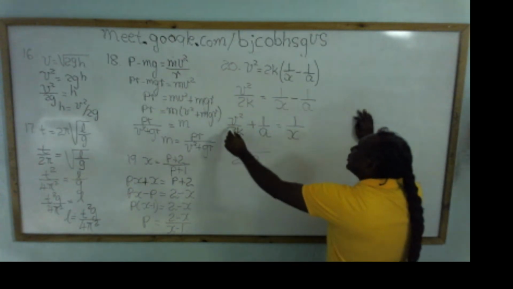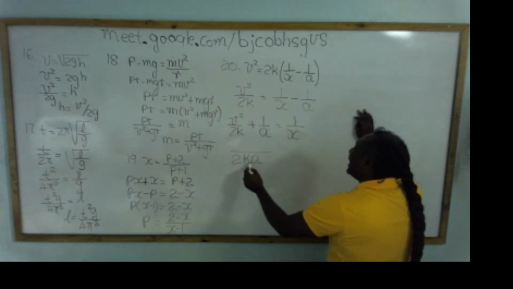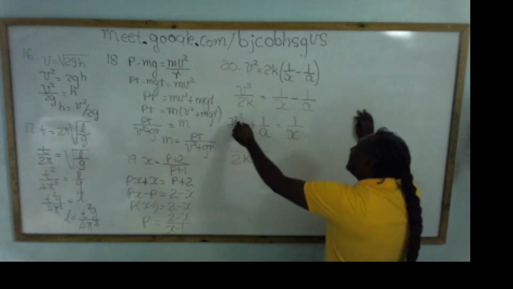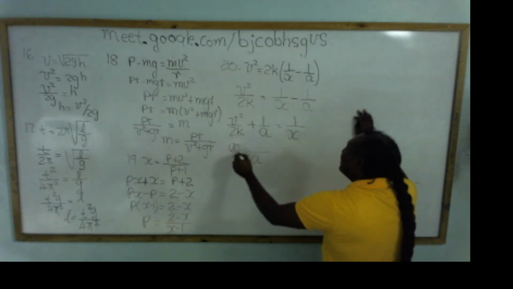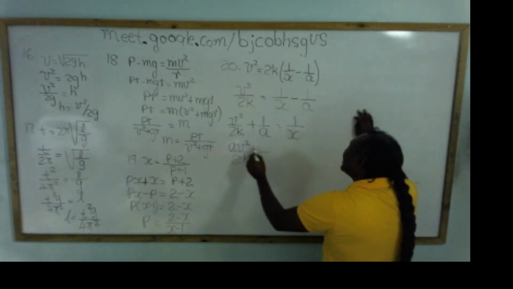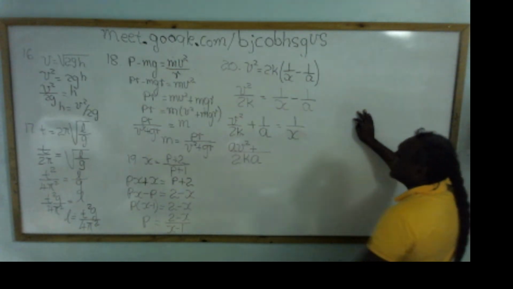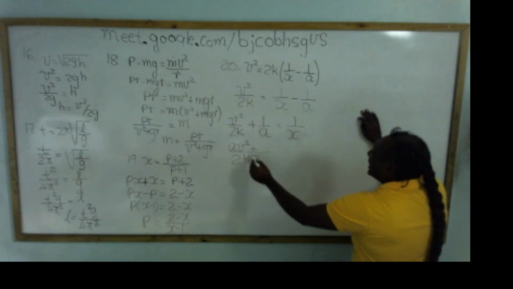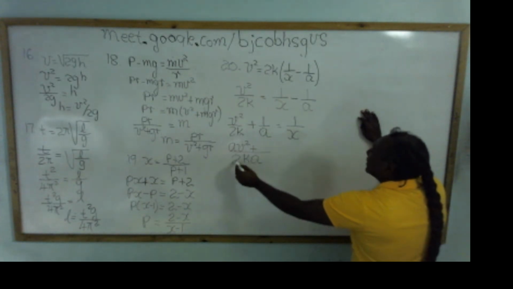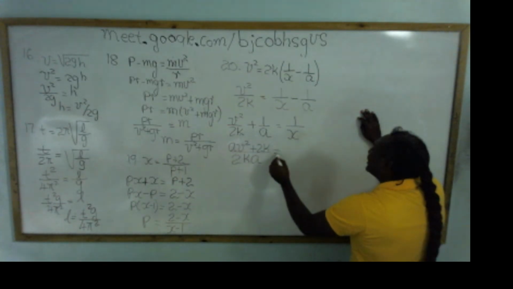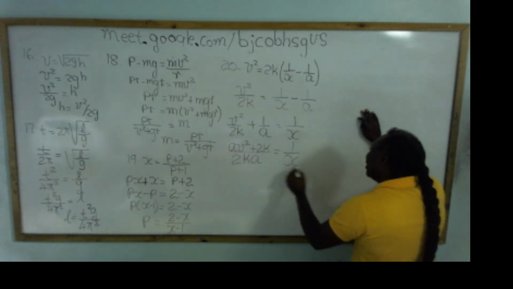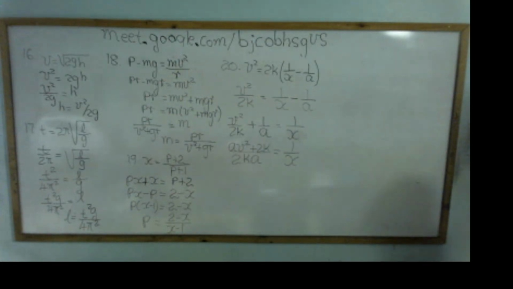So when we divide 2k into 2ka, the 2k will cancel and the a will be left to multiply the v squared. So av squared plus, here the a will cancel the a and we'll have the 2k to multiply by 1, which is giving you 2k. And then that is equal to 1 over x. Now, you may go straight ahead and reciprocate.